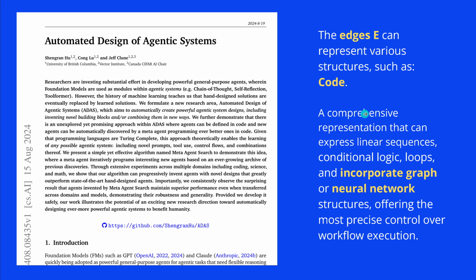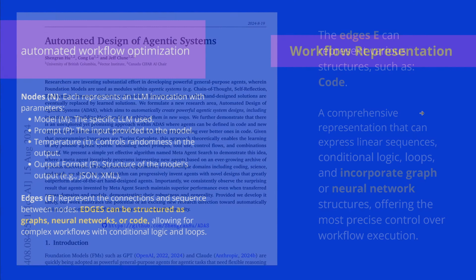And the beauty here is a representation that can express linear sequences, conditional logic, loops, and it incorporates here the graph structures and or the neural network structures. So offering here the most precise control over the workflow execution. So you see, whenever you code here edges in the structure of pure code elements, you can have graph structures, neural network structure, pure code structure in the edges. So those edges here are really a powerful representation of the interplay.